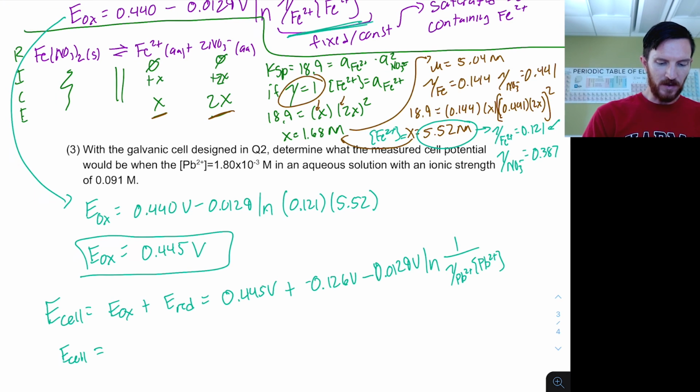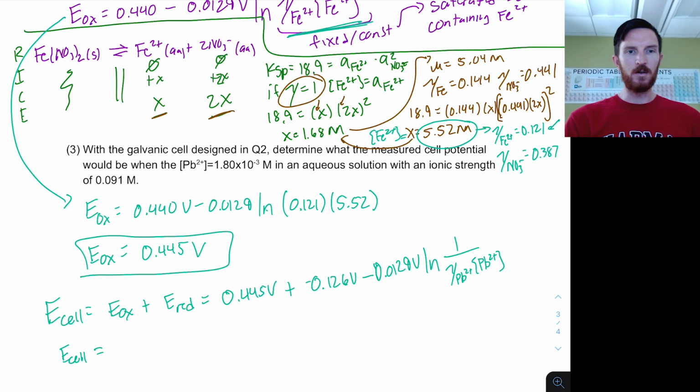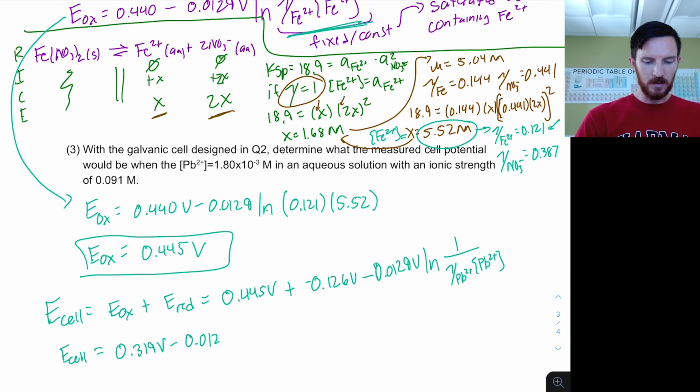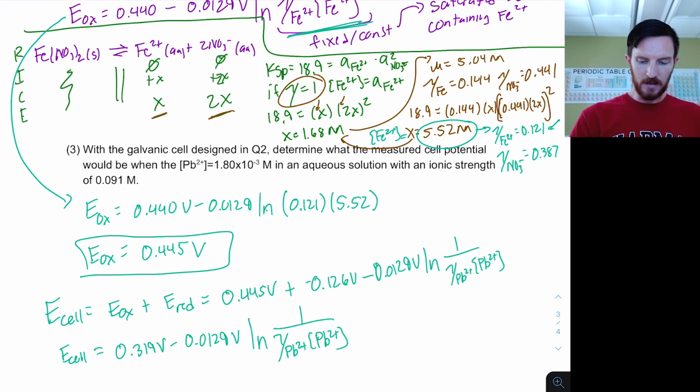We can simplify this by combining our known values. When we combine those, we end up with 0.319 volts minus 0.0129 times the natural log of the inverse of our activity coefficient of lead ions times the lead ion concentration. So now we have this expression.